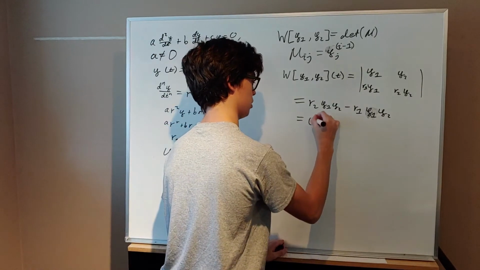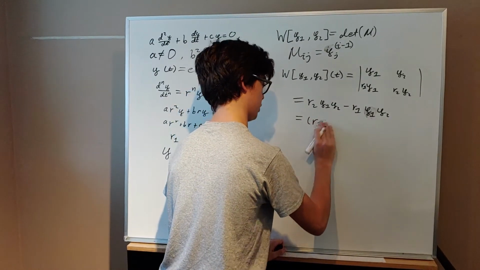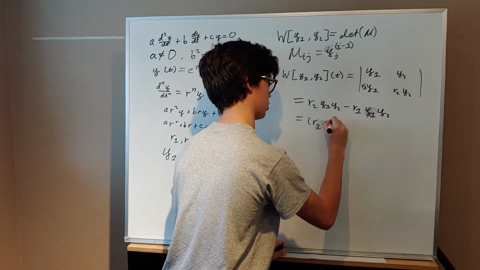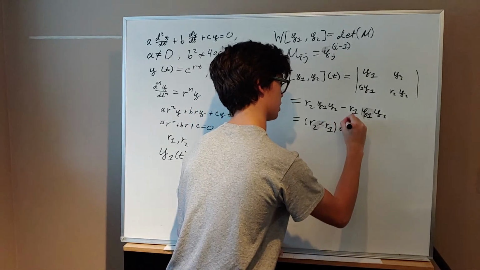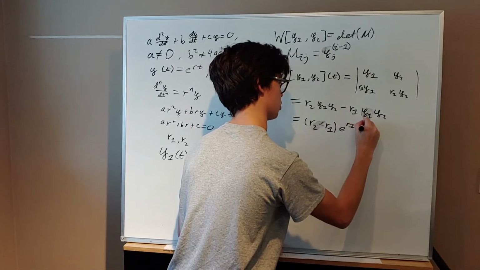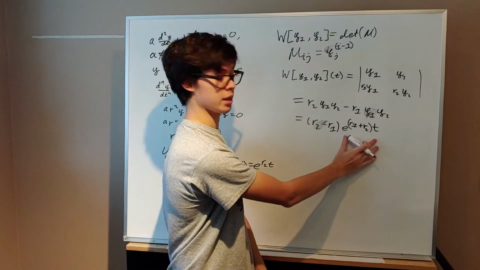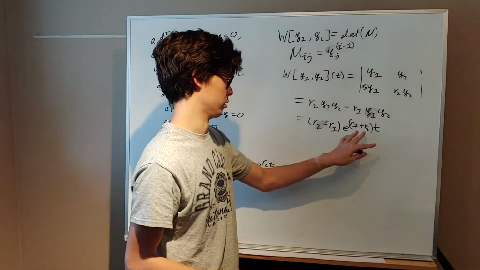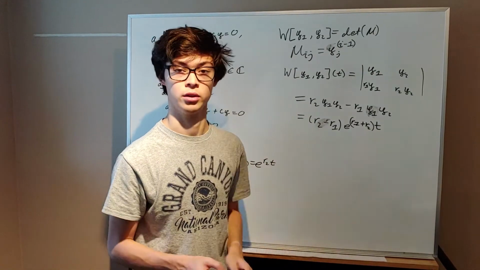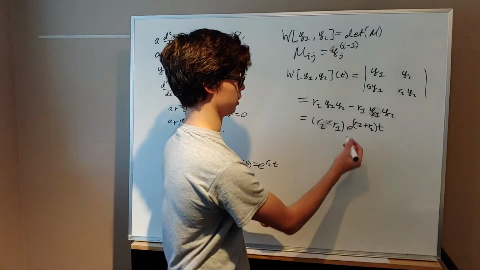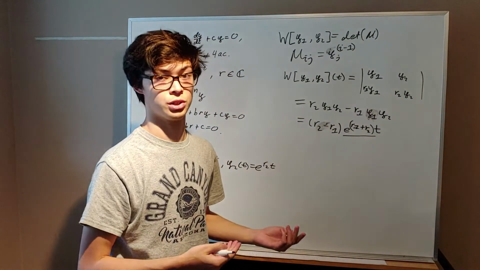So we get r2 minus r1 times e to the (r1 plus r2)t. This, again, is an exponential with a complex scale and a real number. So this exponential right here is non-zero.